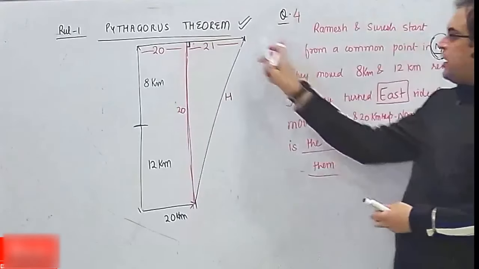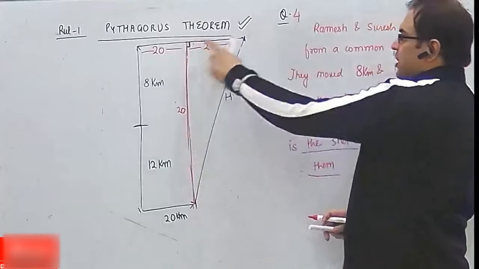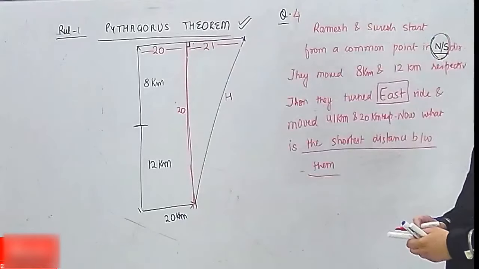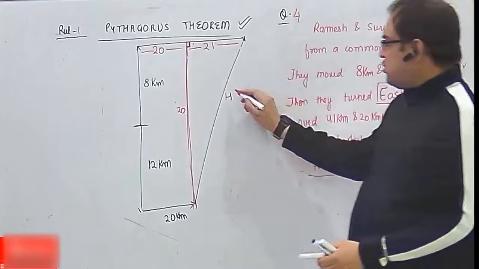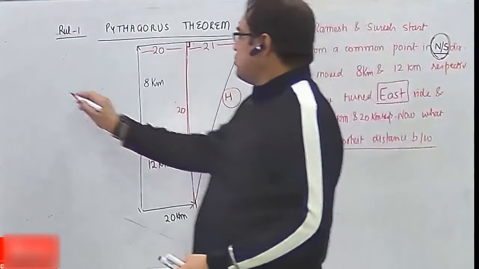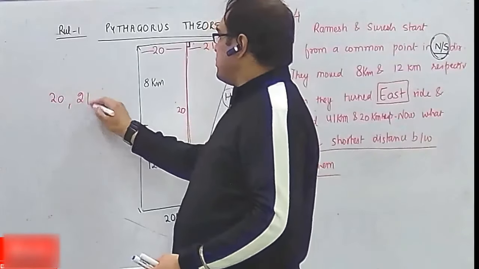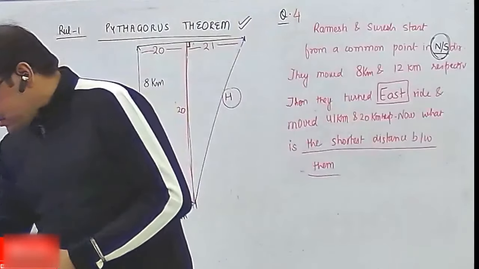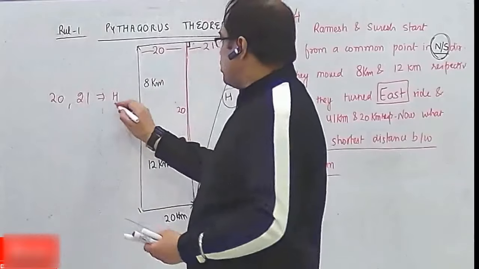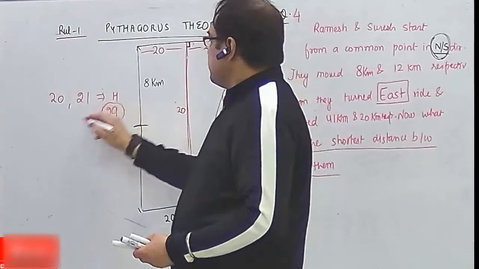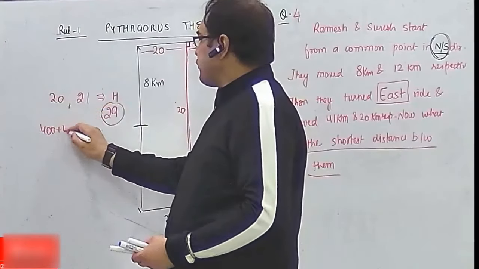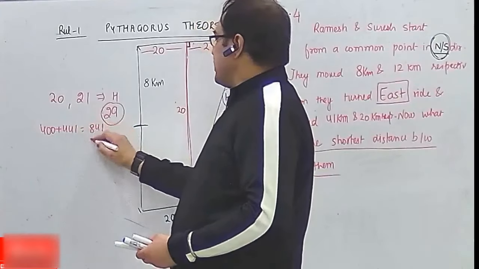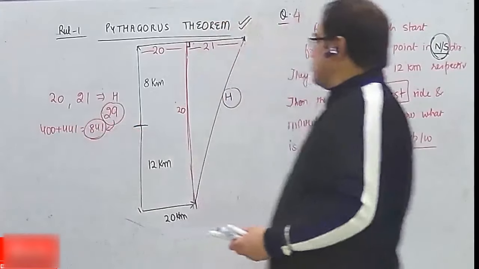So now in a triangle we have two sides given, 20 and 21. We need to calculate the hypotenuse. How will we do it? Directly we can remember that 20, 21 gives 29, or we can say 400 plus 441 is 841, and this is the square of 29.